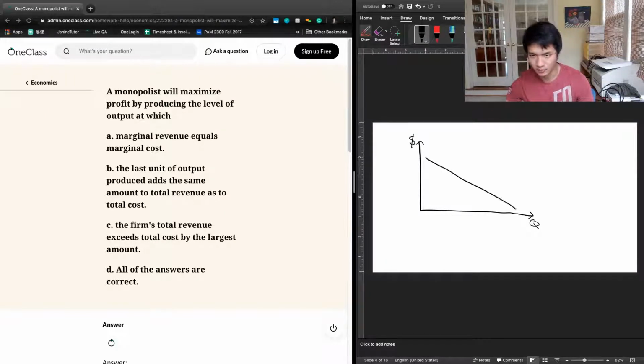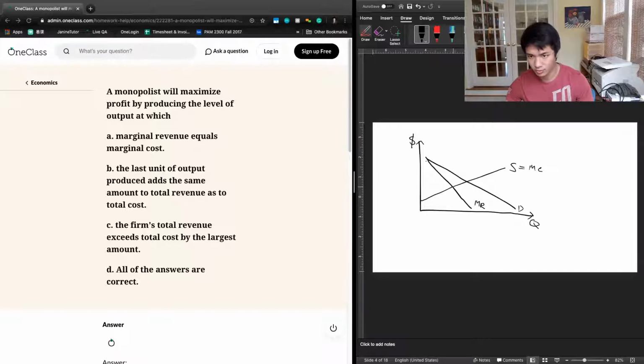So we have our demand, we have our marginal revenue, and then we have our supply. And so where do we produce here? And we assume that supply is equal to marginal cost.